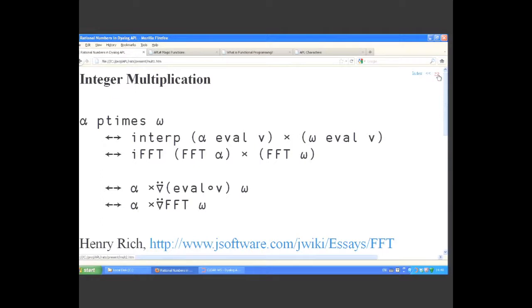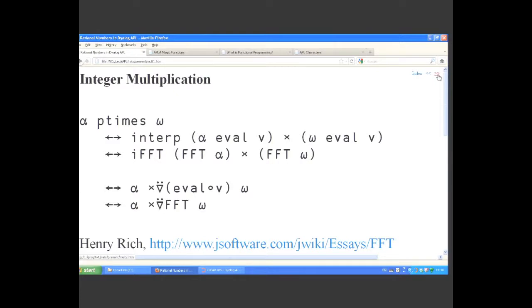And the insight of these two people is that if you carefully choose the points where you evaluate to be the roots of unity, then you can do it fast. And it's called a fast Fourier transform.